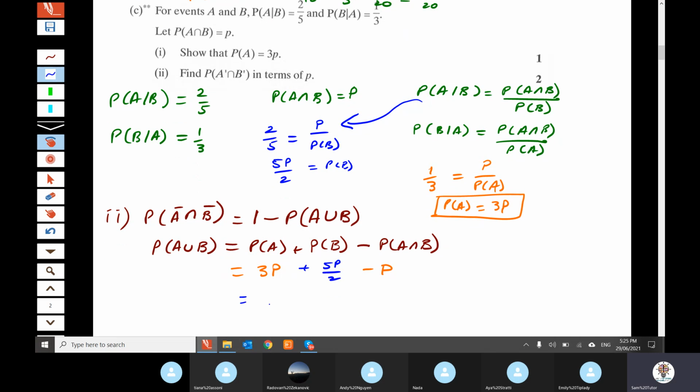And then add it up, 3 plus 5/2 minus 1. 4.5, so 9p over 2. Is that okay? Good.